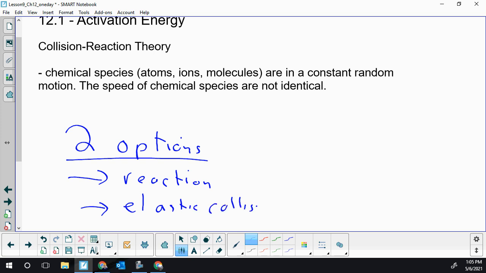And this is what happens most of the time. There are nitrogen gas molecules and oxygen gas molecules bouncing off each other in this room, and they're just doing an elastic collision. There's no reaction.